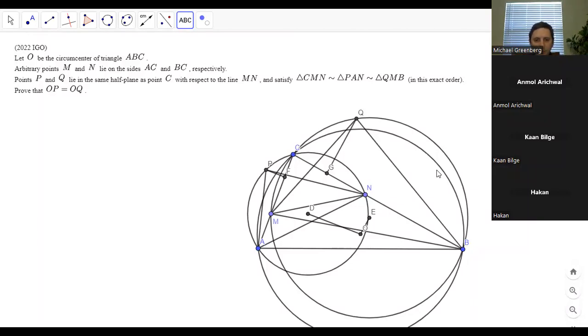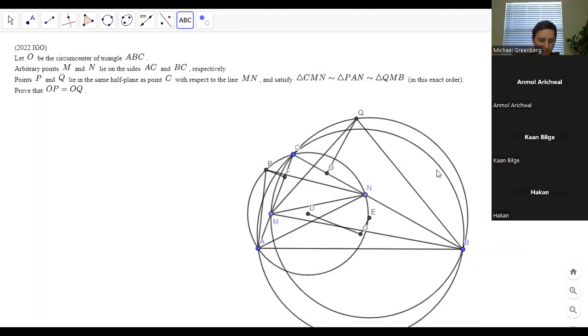PF is PA sine PAC, which is PA sine PNC, which is PA sine MNA.